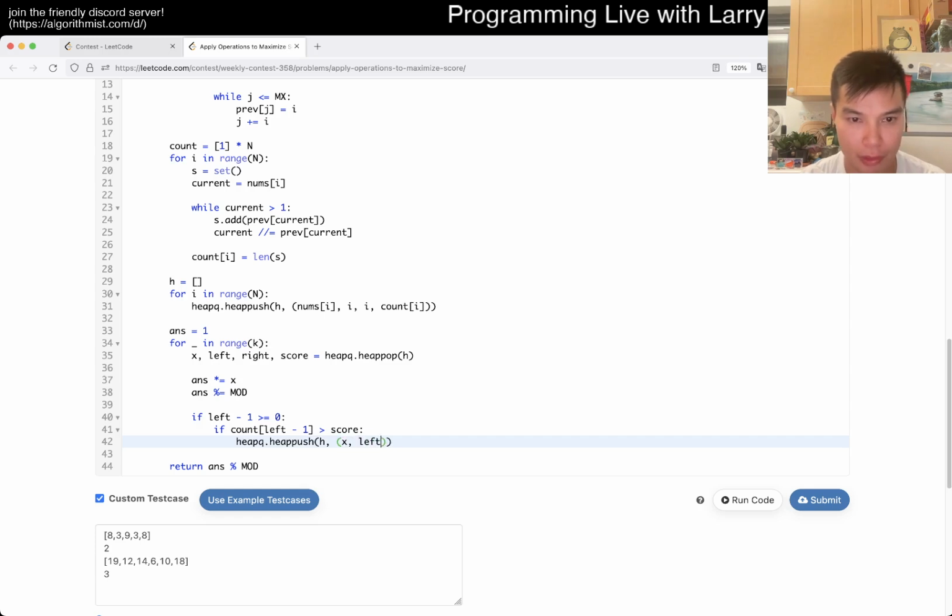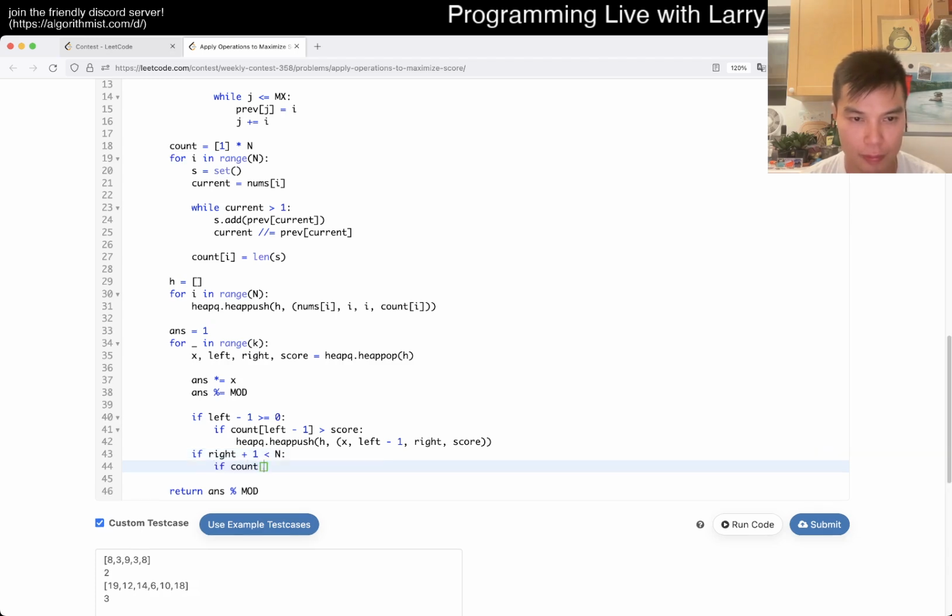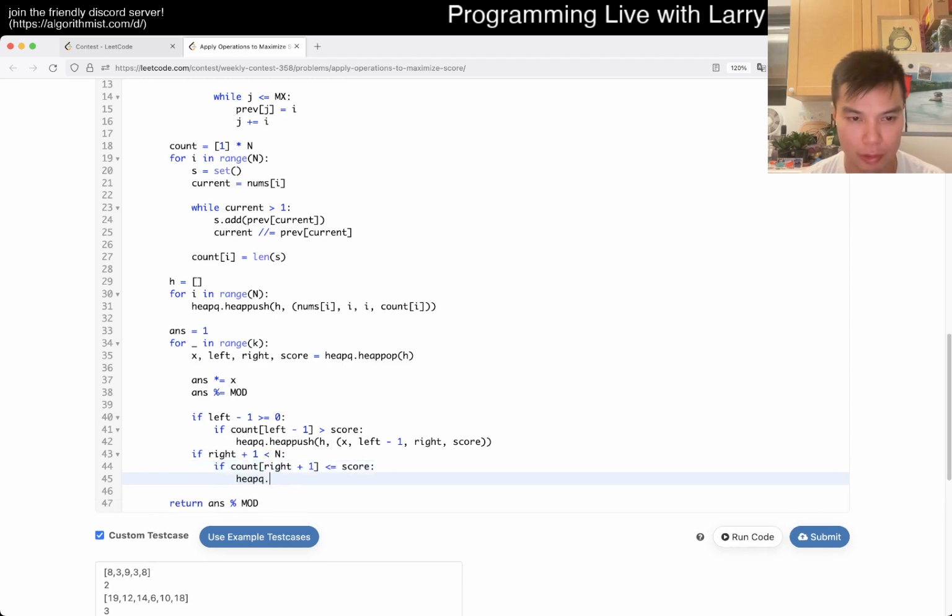And we can expand to the left with the same score. If it's equal as well, then on the other side. Yeah, okay, that makes sense.